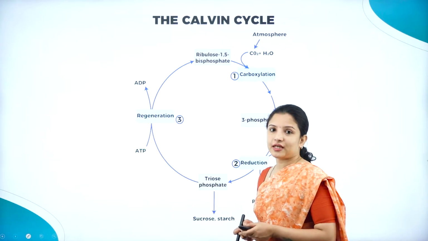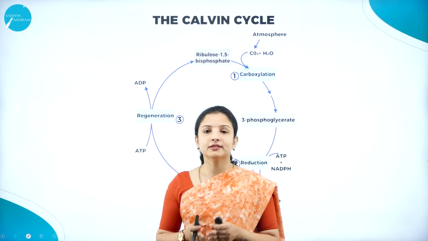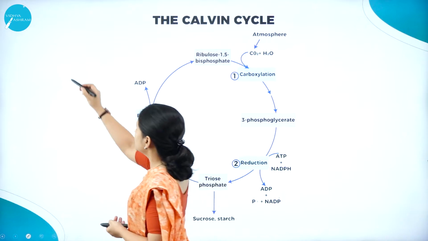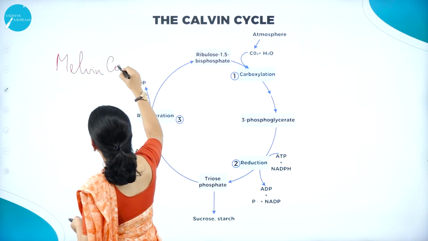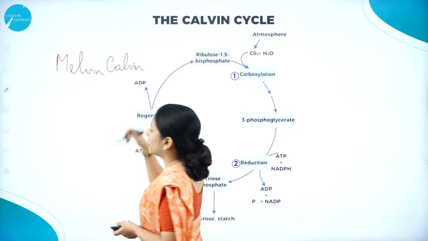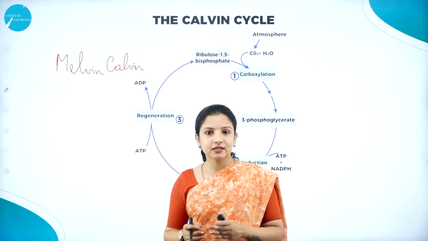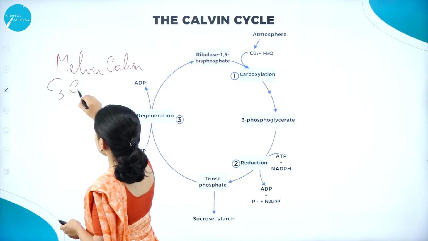So, the Calvin cycle is named after the scientist who discovered it, Melvin Calvin. He was the one who discovered this cycle, and the cycle is also called the C3 cycle.